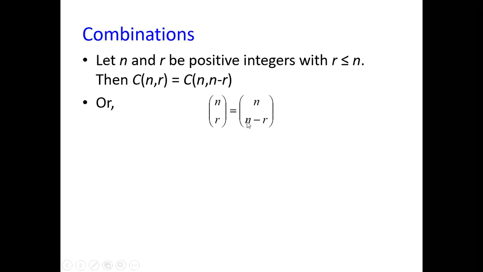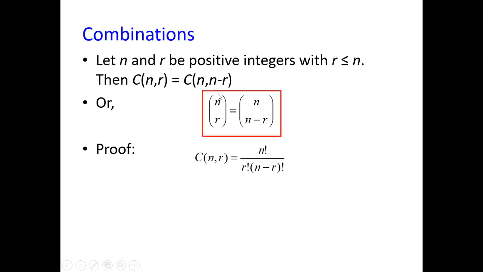Okay, so we must prove this now. Combination n, r equals combination n, n minus r. How? In this equation, combination n, r equals n factorial over r factorial times n minus r factorial.